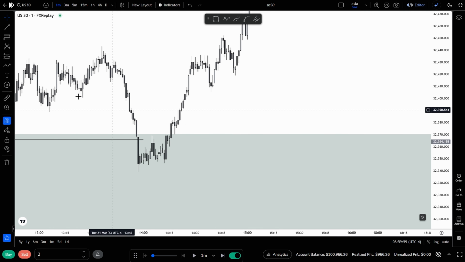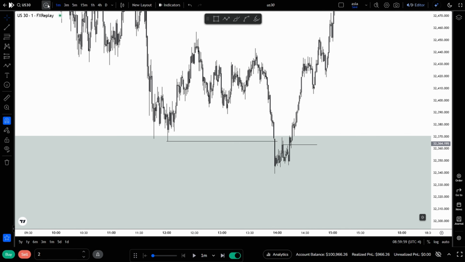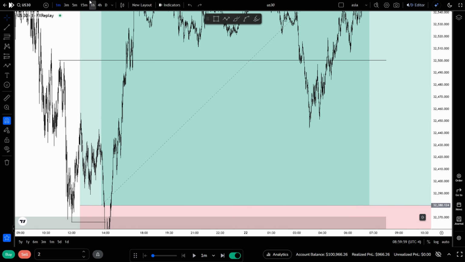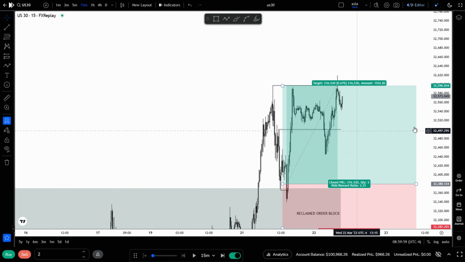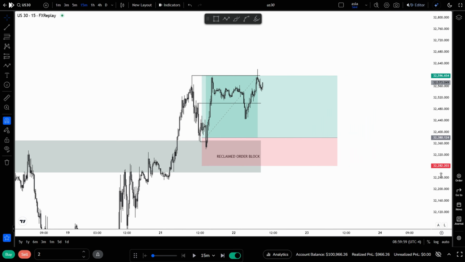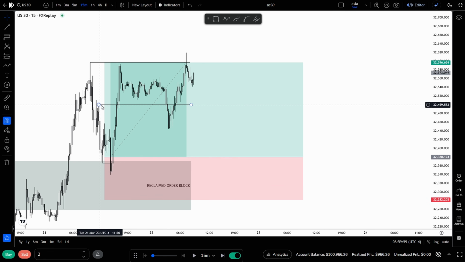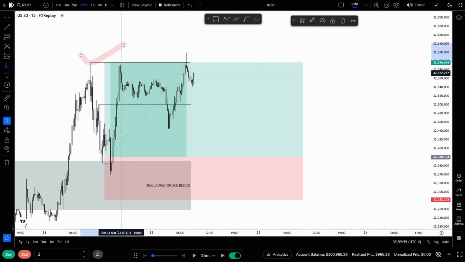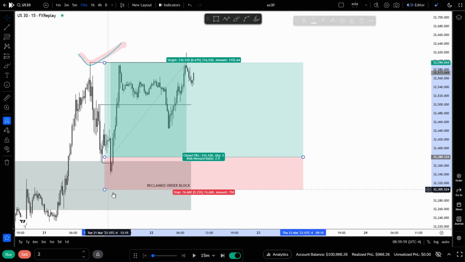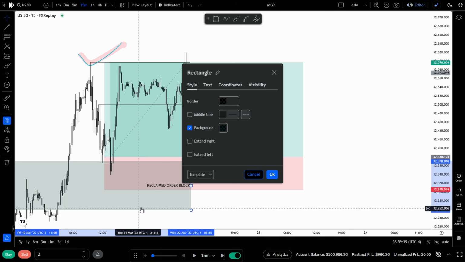Now if we continue watching the chart, you can clearly see that price moves up and delivers buy-side liquidity, reaching the swing high area. At that point, we can take partial profits at the equal highs, and eventually price also hits the final take profit at the swing high. Now regarding stop loss, a common placement would be around the midpoint of the reclaimed order block, or slightly below it.